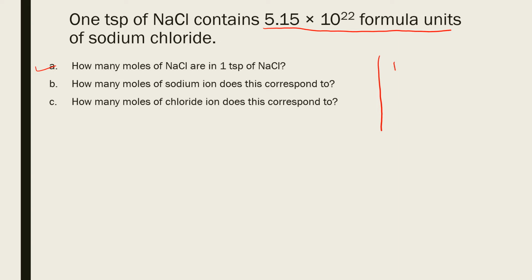So 1 mole of anything, in this case NaCl, equals 6.02 times 10 to the 23 units of NaCl. That's always going to be the same. So from this we can always write the same two conversion factors: left side over right side, or the right hand side over left hand side.